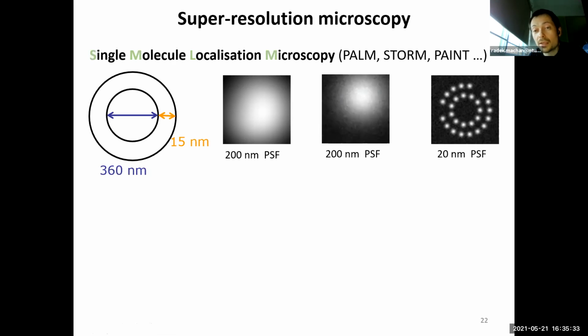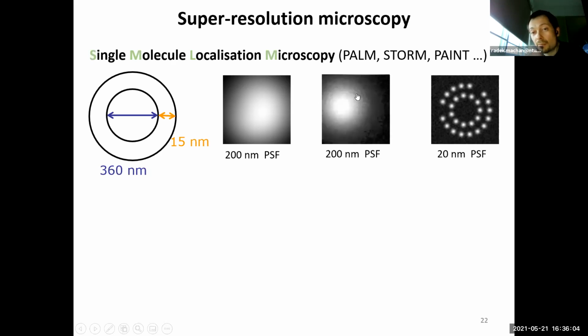Then I take another image, another fluorophore is on, and I can locate the center of this blob of light, and that's where I assume the fluorophore would be. I can do this with quite high precision depending on the signal to noise ratio. I might have better than 20 nanometer localization precision.